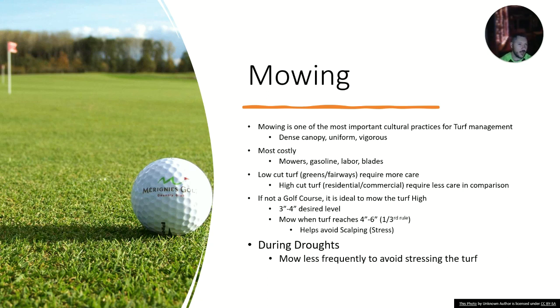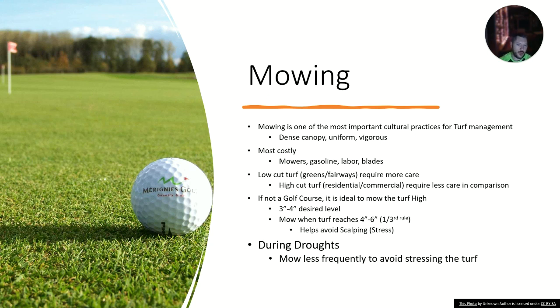You're going to put it at like a 3.5 to 4 inches, and it'll look great. You know, if it's not a golf course, it is ideal to mow the turf high. Like I said, 3 to 4 inches is perfectly fine. I find 3.5 to 4 inches in my turf to be the most ideal. Otherwise, you're starting to scalp it and then you stress it, and it's not good.